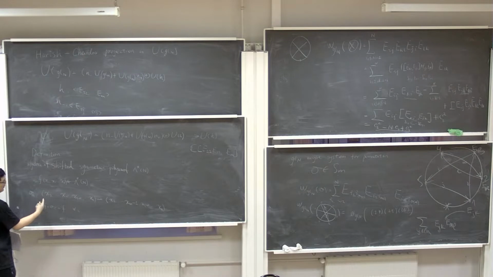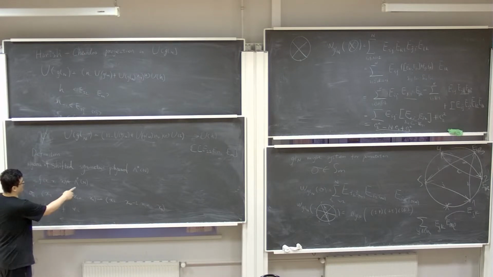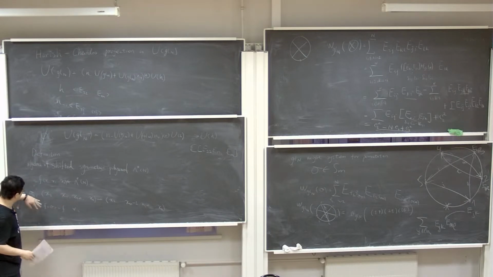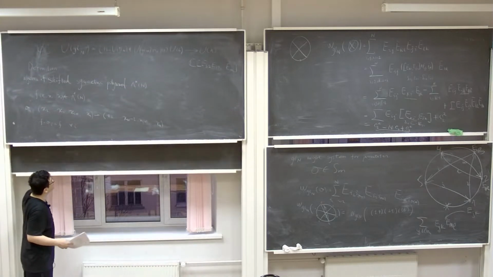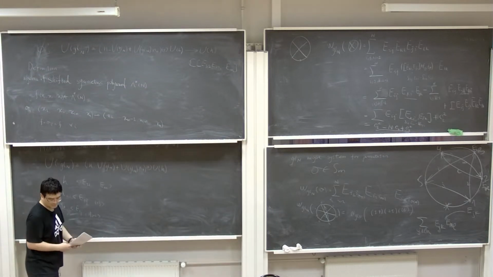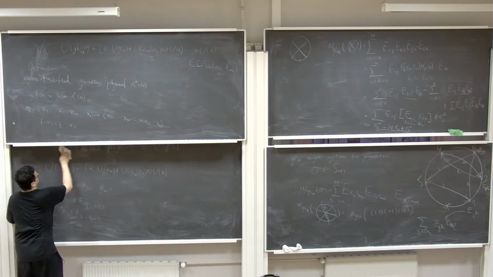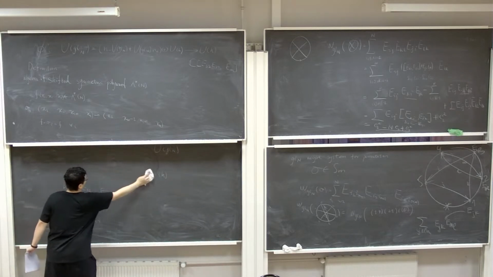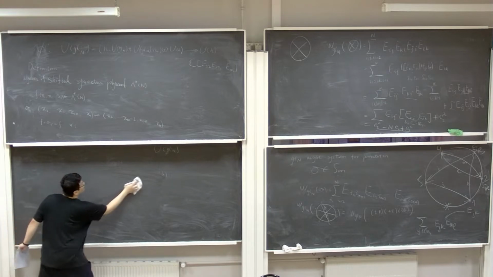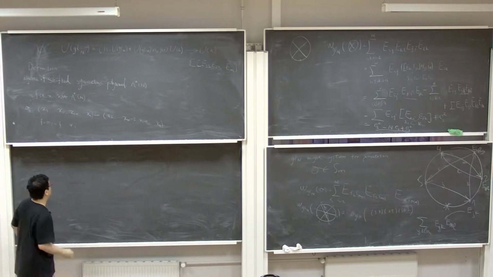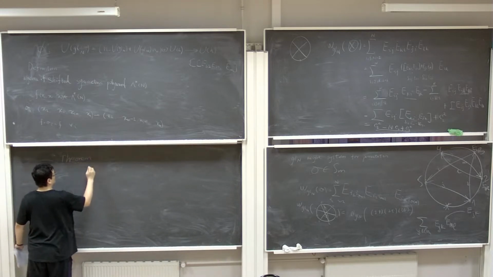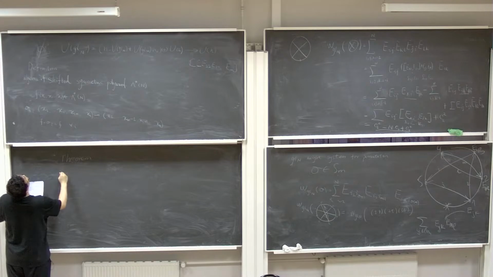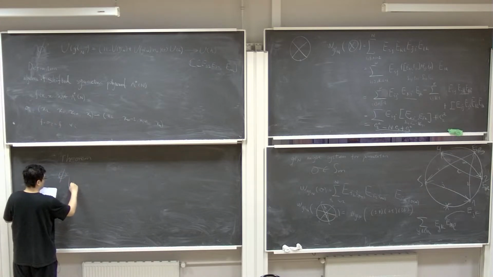So this kind of polynomial is in the center. This kind of polynomial we call a shifted symmetric polynomial. And we have the theorem, the Harish-Chandra theorem.